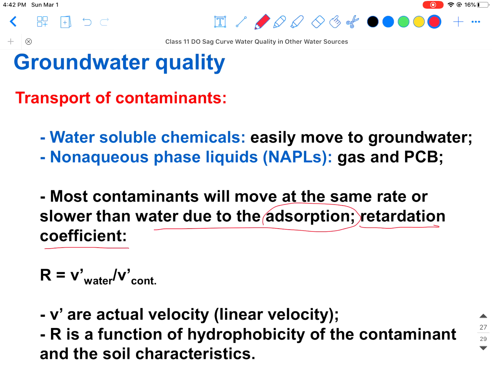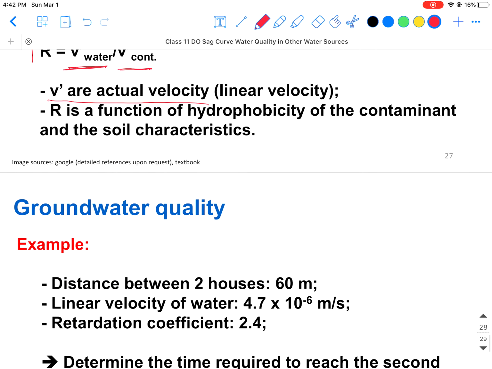So that's why we define a retardation coefficient, which is basically the velocity of the water divided by the velocity of the contaminant, and the velocity here is the actual velocity or the linear velocity. So the higher the retardation coefficient, the slower the contaminant will flow with the water, right?